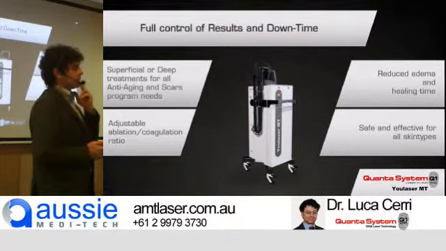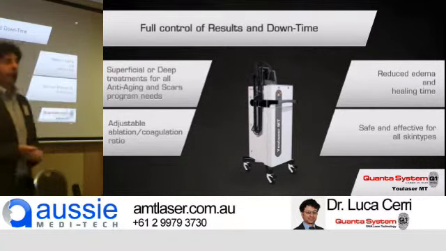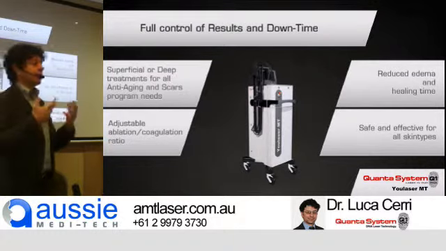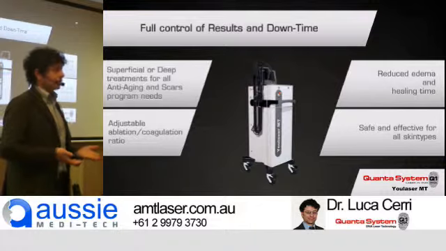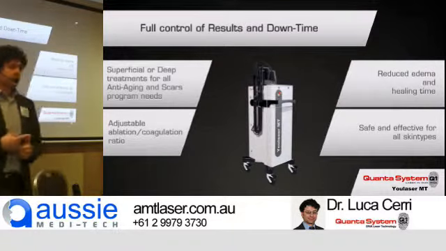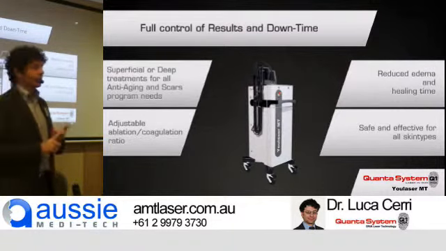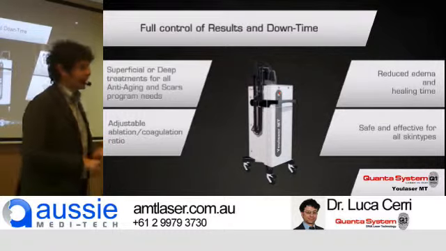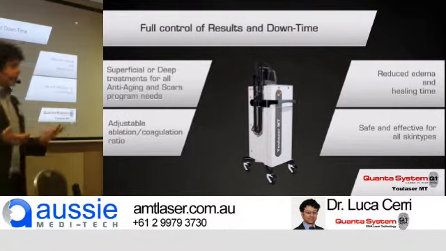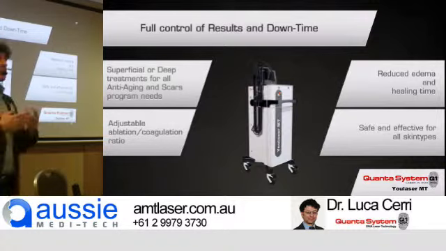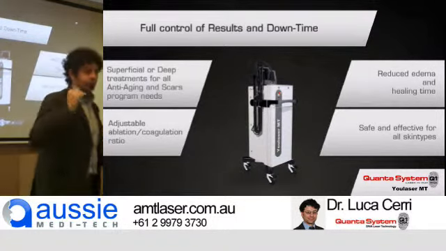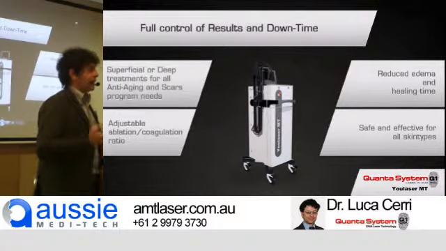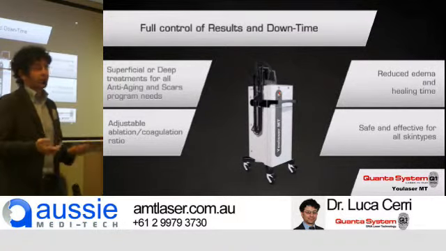This was done like that because one of the first choices that any operator has to take when selecting a fractional resurfacing device is, I want something that has very fast results but cannot be applied to everybody, because it's considered too aggressive sometimes, because it's dangerous for that skin, because my patient wants no downtime, for different kinds of reasons.